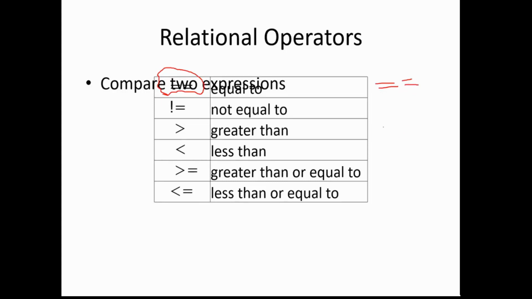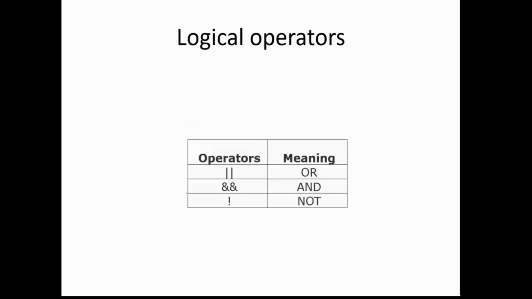If you want to compare whether two numbers are equal, assume x equal equal y. The meaning of this is you are going to check whether x is equal to y. Likewise, you can use not equal to, to check whether one value is not equal to another value, and greater than, less than, greater than or equal to, or less than or equal to.